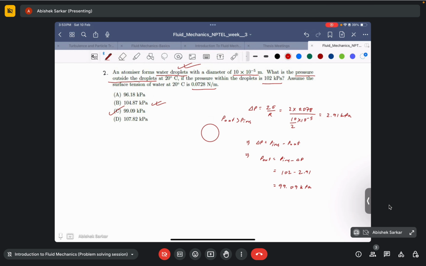Sir, I think there is gravitational, the weight of it. It's not gravity. Obviously gravity is there, but if the bubble is floating, think from the perspective of surface tension.